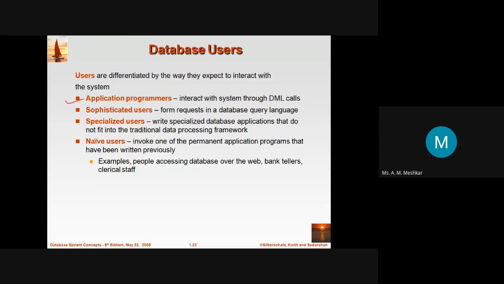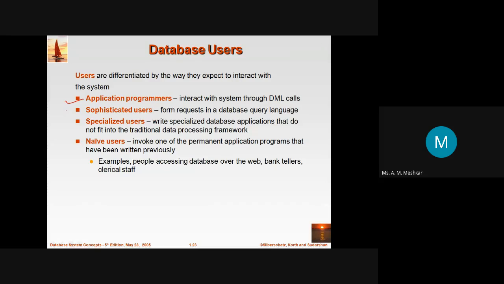For example, when a user wants some information about a train booking, he enters the website, goes to the panel where he can register, and does the operations by clicking on buttons. So there is a user interface designed for that, and such an interface is designed by the application programmers.